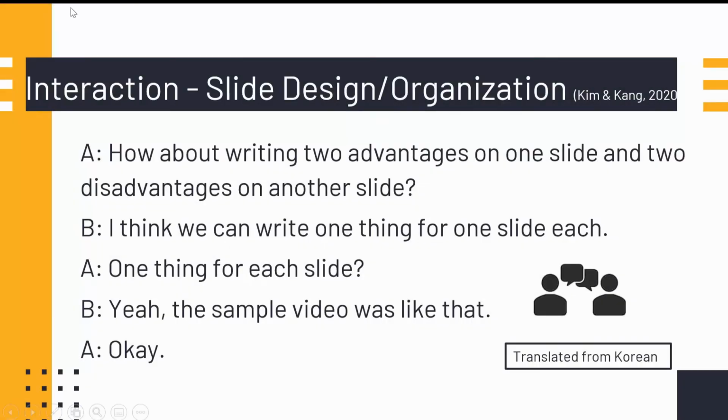Okay. So this is a sample MMC episode. "How about writing 2 advantages on one slide and 2 disadvantages on another slide?" "I think we can write one thing for each slide." "Yeah, the sample video was like that." Students mainly use Korean, so I provide the translated version here.